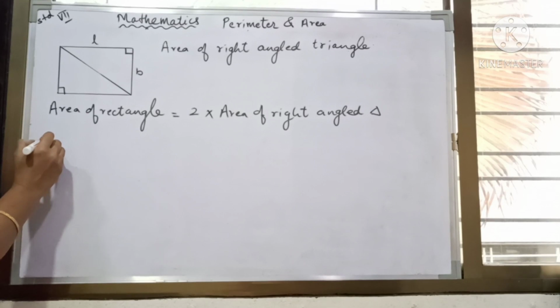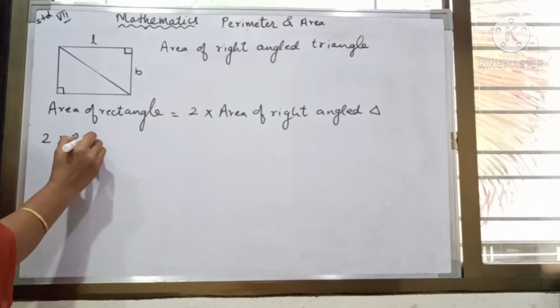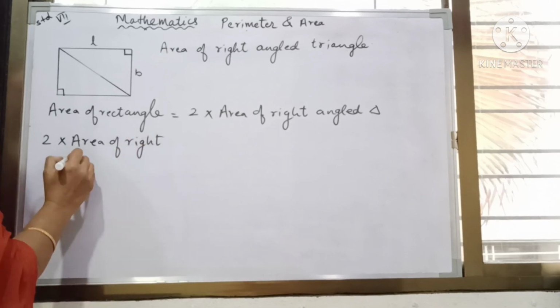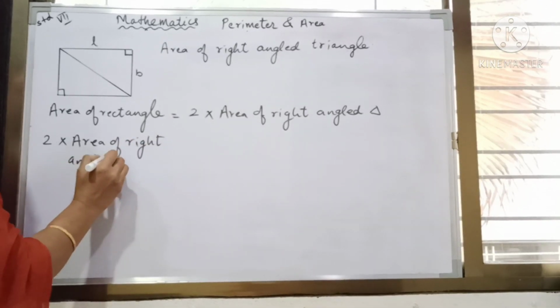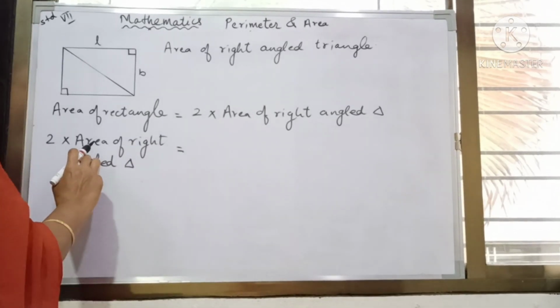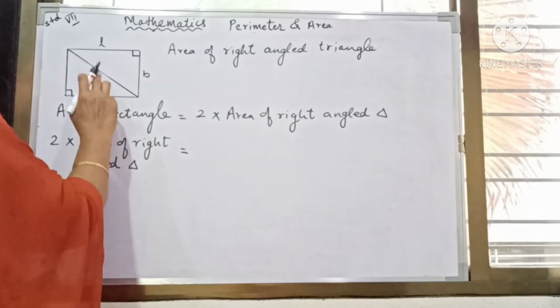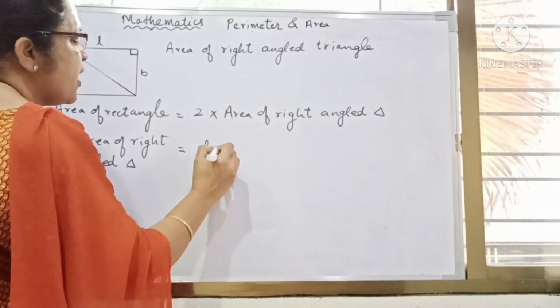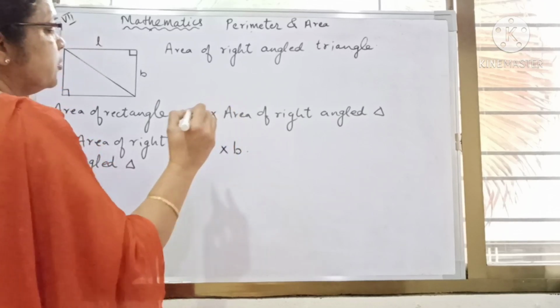Now 2 into area of right angle triangle is equal to, now you know the area of this rectangle will be length into breadth. So we have L into B.